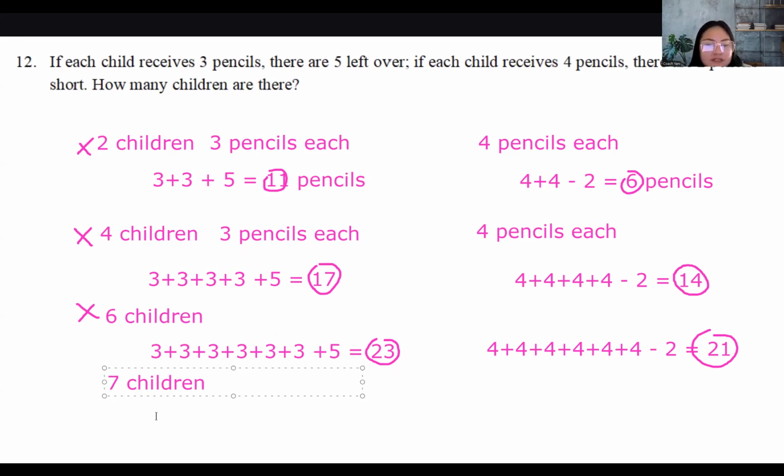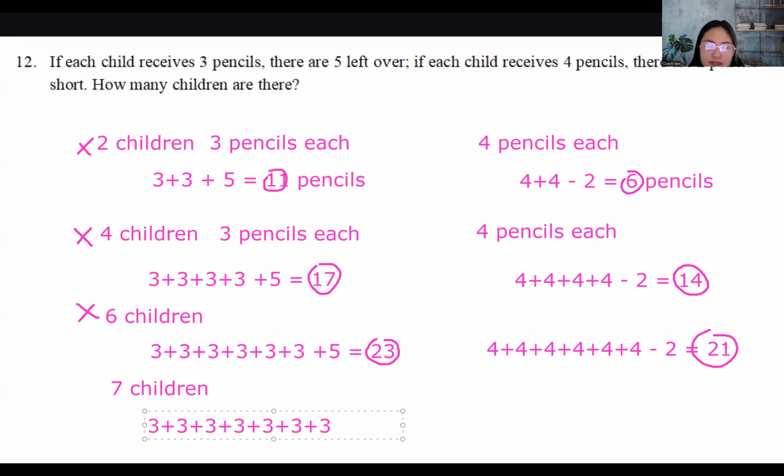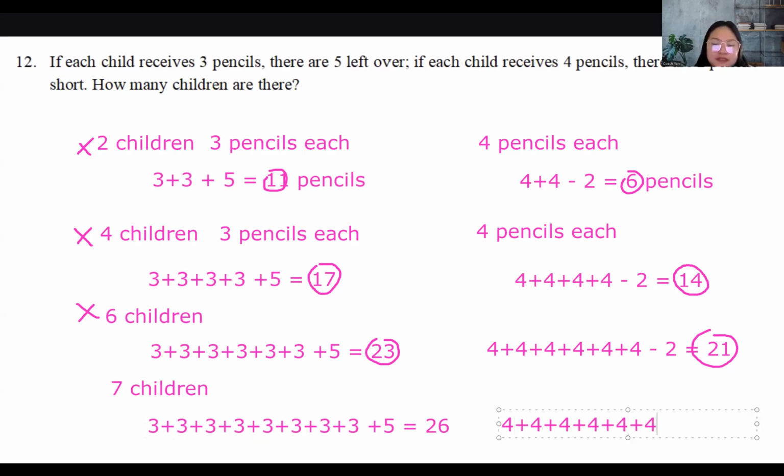Okay, 7 children, you have 1, 2, 3, 4, 5, 6, 7, and then the additional 5 extra, that is equal to 26. Now, if you give them 4 each, 1, 2, 3, 4, 5, 6, 7, and then minus 2, that would be equal to 26.